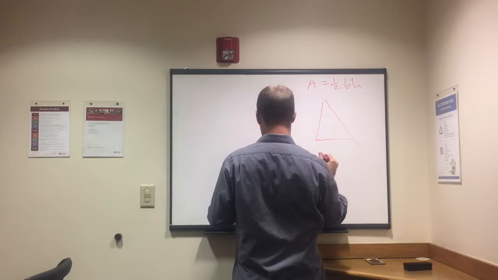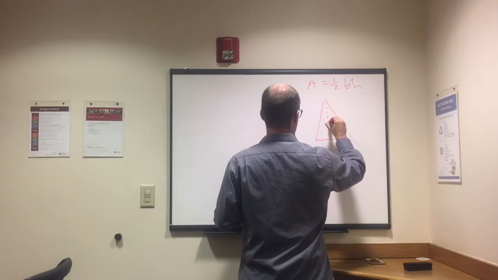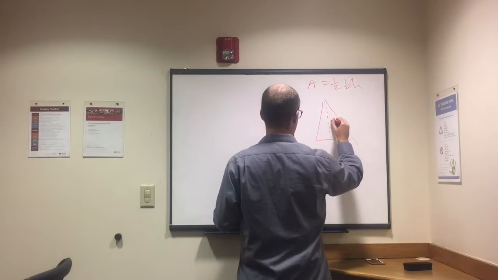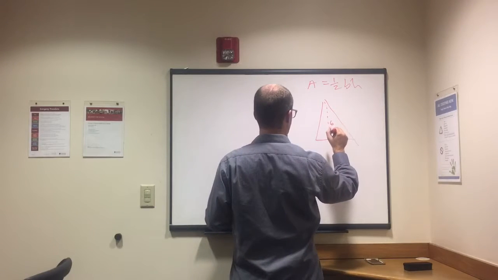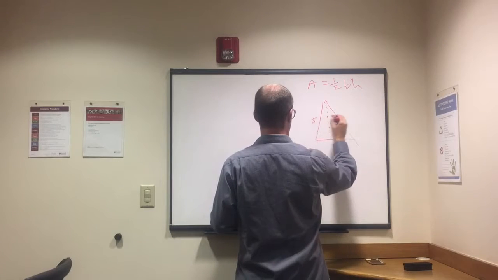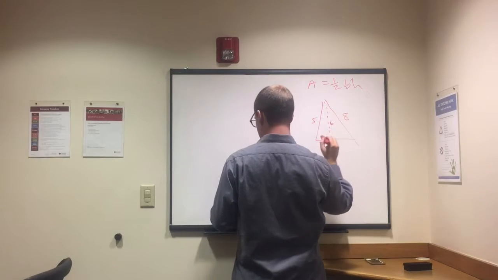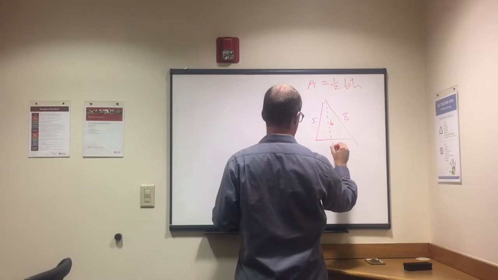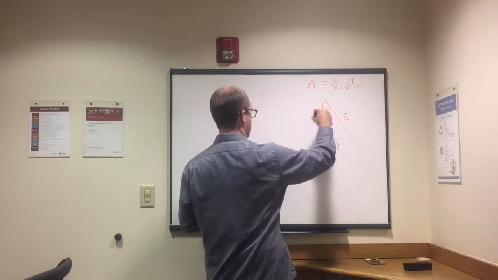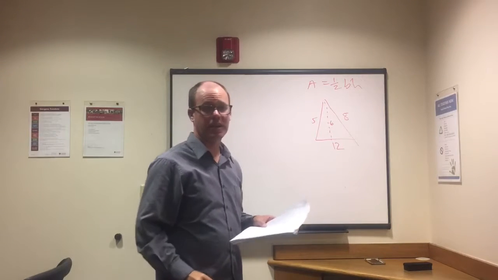So in this one, you'll see like a little dotted line like that, and then you'll see a number next to it. That's the height. And they'll throw some numbers out here on the sides. This is the base. Sides we don't care about as far as finding area, right?